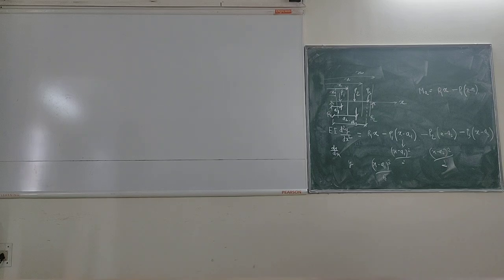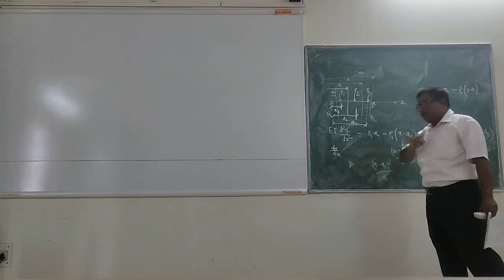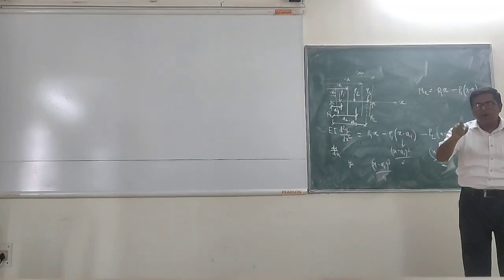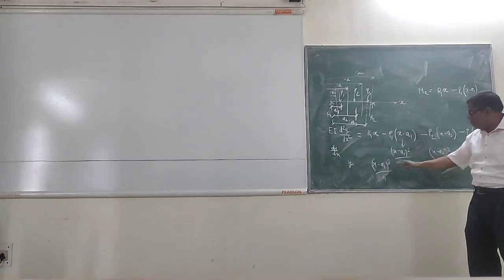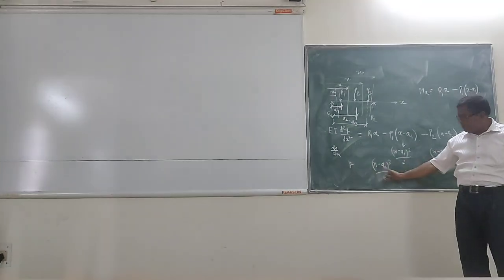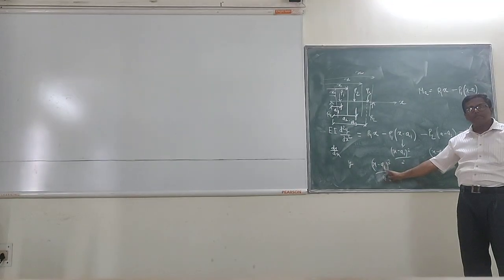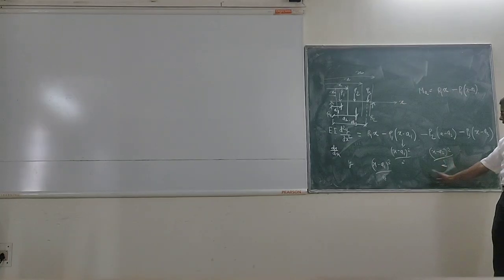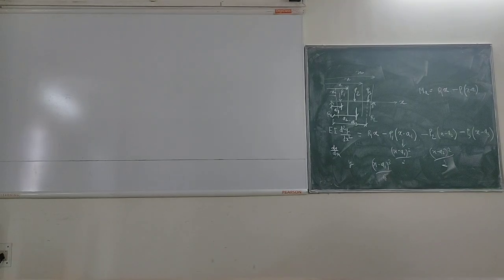If I put X equal to 0 here, X minus A2 will become minus A2, and X minus A3 will become minus A3.